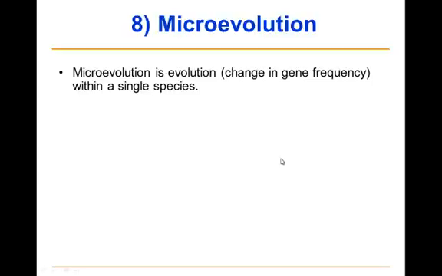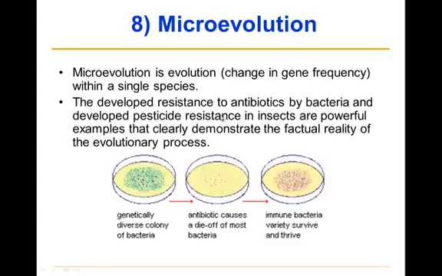He's in trouble. Okay, an 8th line of evidence is microevolution. Microevolution is evolution or change in gene frequency within a single species. An example of this is the developed resistance to antibiotics by bacteria and developed pesticide resistance in insects. These are both powerful examples that demonstrate the factual reality of the evolutionary process.